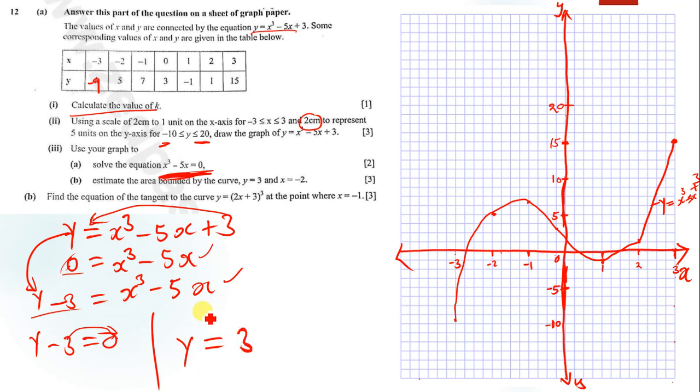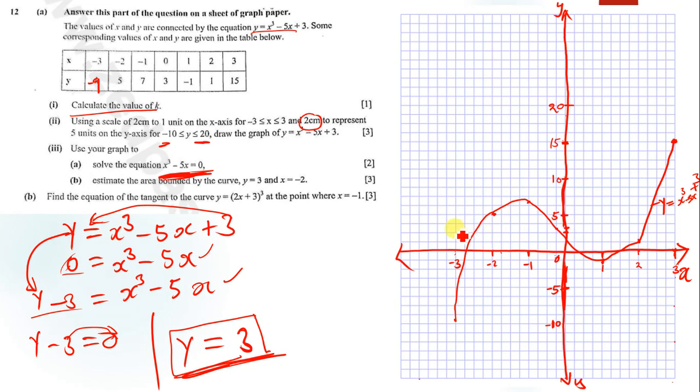So if y is equal to positive 3, how are we going to find the solution on this graph paper of this line? It's simple. You just go where there is y is equal to 3 and draw a line. Where the line is going to meet the curve, those are the solutions, or that's where the solutions lie. So we look for 3. Here we have 2.5, so 3 should be somewhere there.